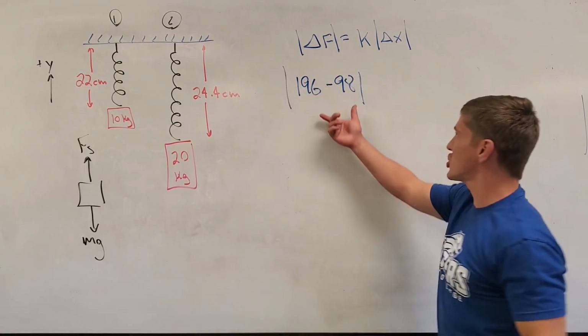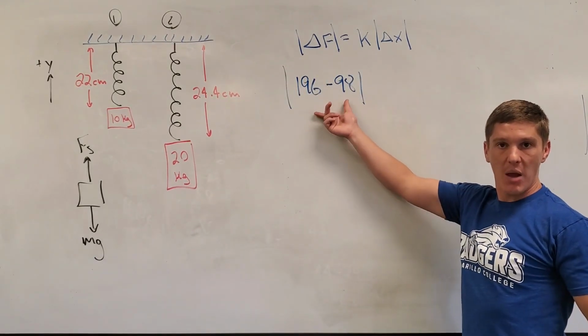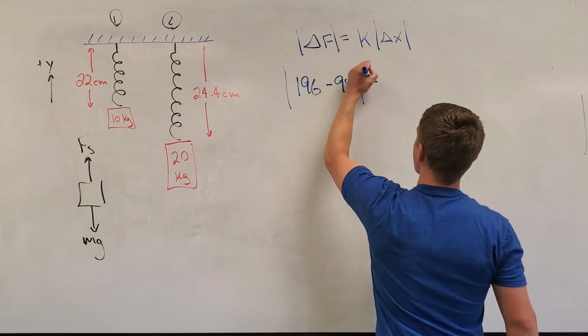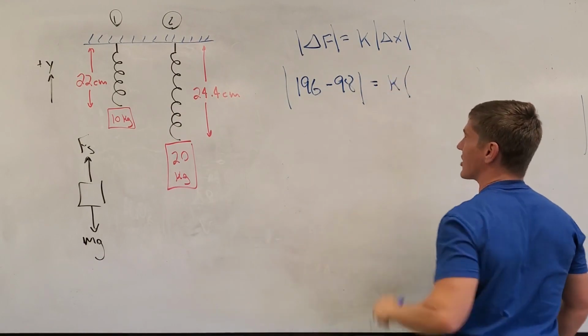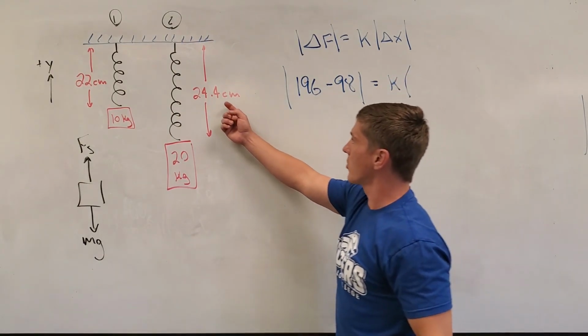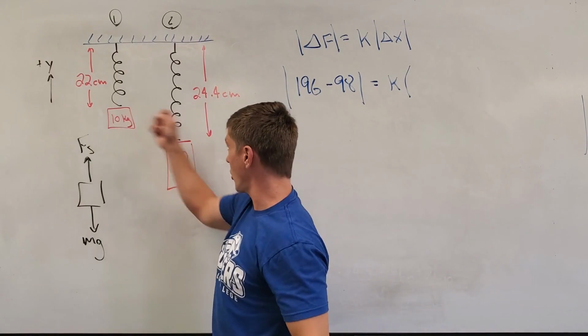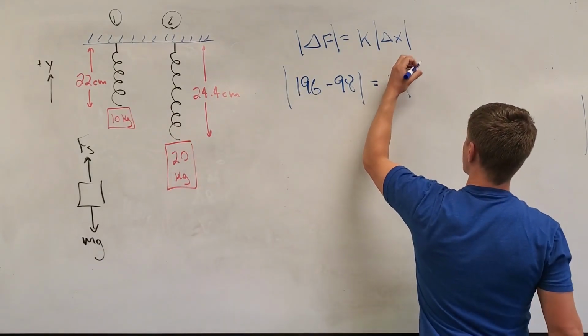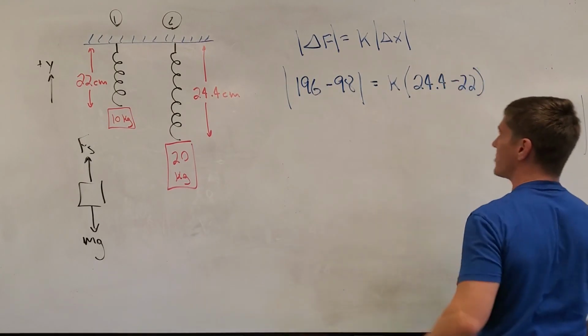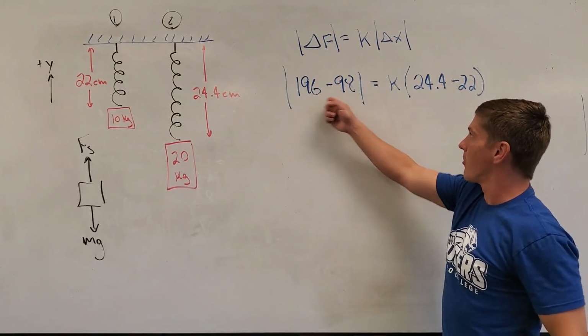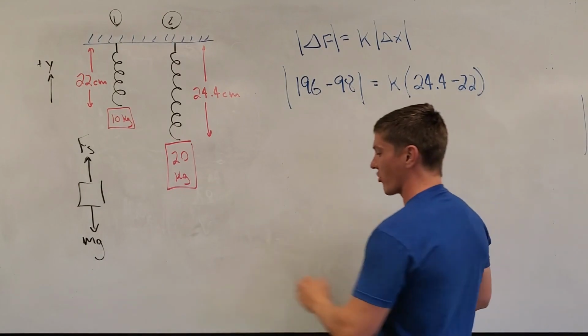So that's my change in my spring force, and my change in my spring force is going to be equal to some spring constant times some change in length. And my change in length in this case was from 22 to 24.4. So 24.4 minus 22. And I'm just making sure that they're in the same order, right? They're in the same order.